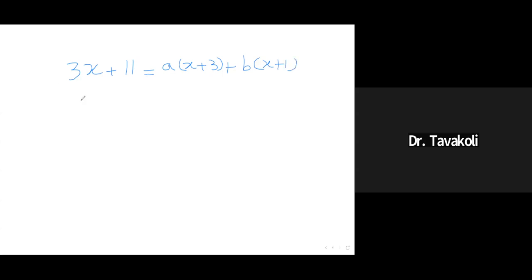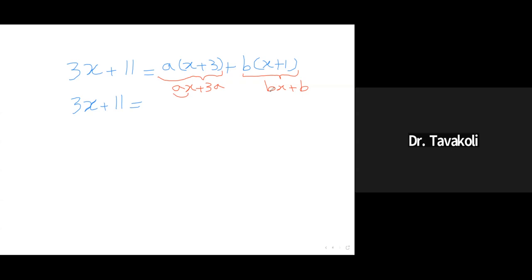The left side is in the standard form. Let me write the right side in the standard form as well. If I distribute a over these parentheses, that's going to be ax plus 3a. And if I distribute b over the other parentheses, it's going to be bx plus b.